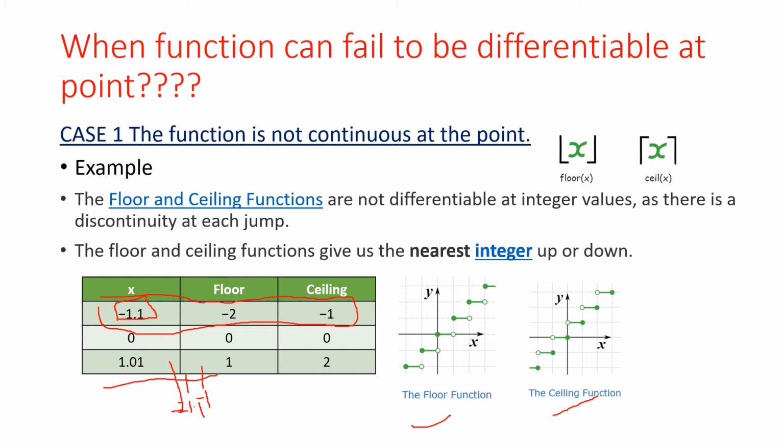The floor function has dark dots on the left-hand side of the stair, and the ceiling function has dark dots on the right-hand side, because we are moving towards the right in the ceiling function, and towards the left in the floor function. So the floor and ceiling functions are not differentiable, and directly by looking at the graph we can say so, because these are discontinuous at integral points.